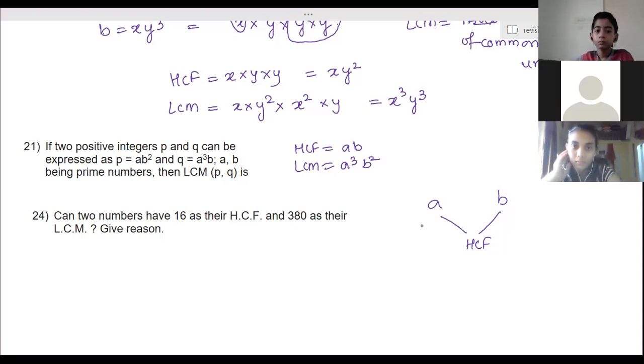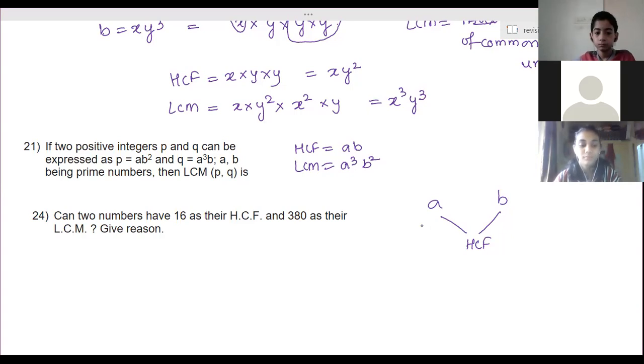So that number is always greater than these two numbers, as A and B are factors of LCM. If a number is the LCM of A and B, that means that number is completely divisible by A and B.